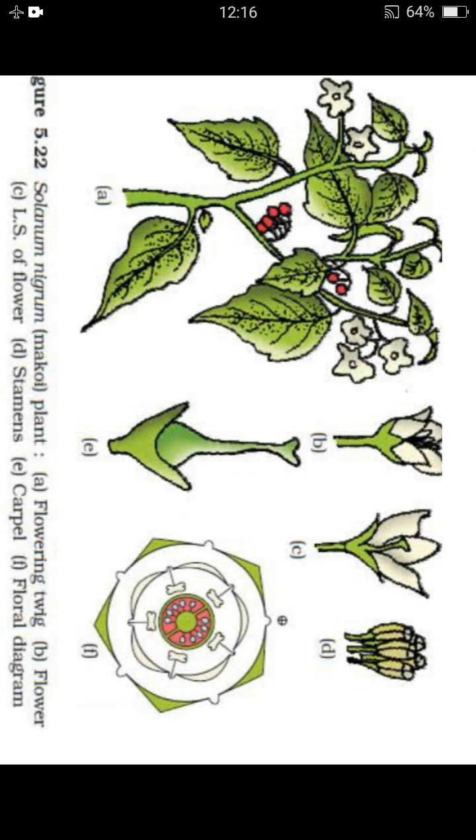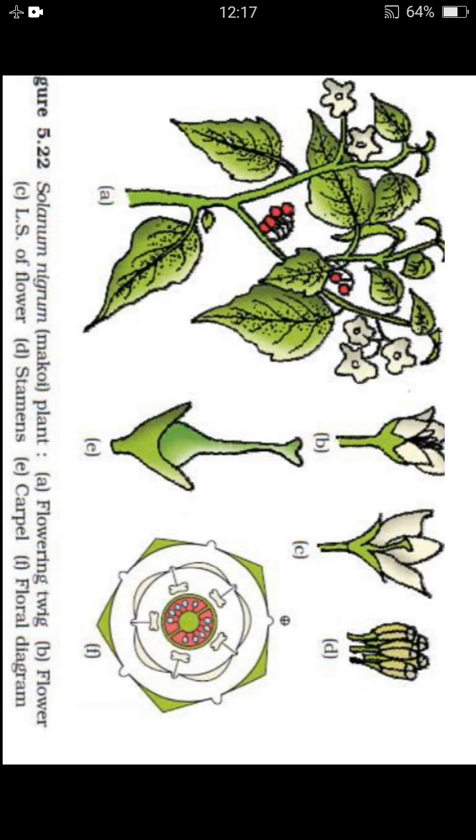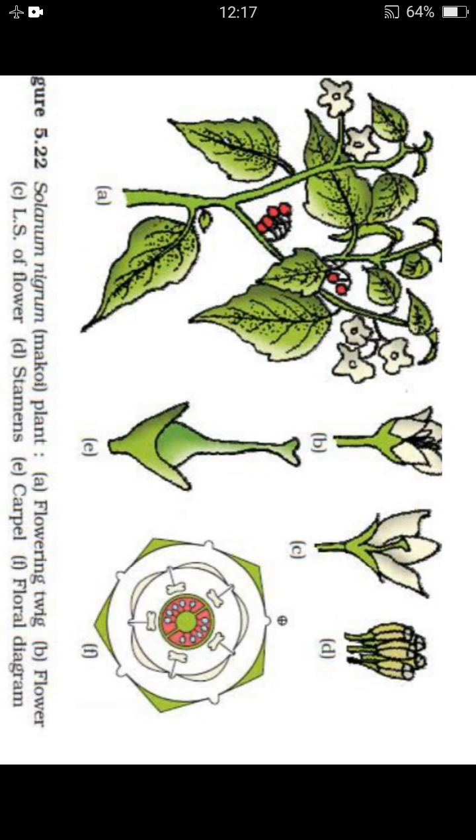Next, I would like to tell you floral characteristics. Inflorescence, first of all. Inflorescence is solitary, axillary, or even cymose, as in Solanum. So, here inflorescence is generally cymose inflorescence. In previous class, we had a discussion.